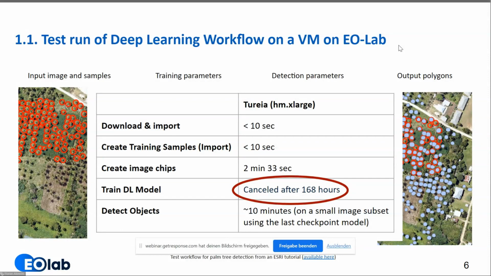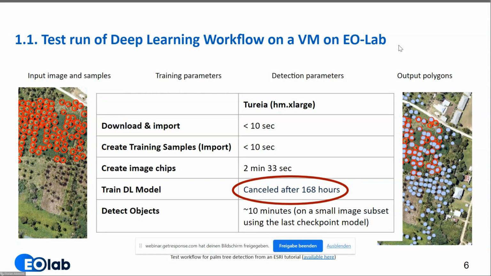Downloading and importing is quick. Creating training samples is also really quick. Creating image chips is also fairly quick, but training the deep learning model is not quick on this machine because of the lack of the GPU. So we decided to cancel this process after too many hours.